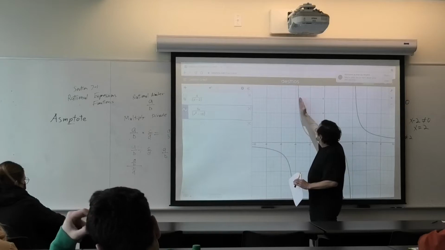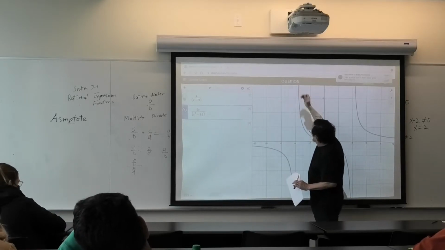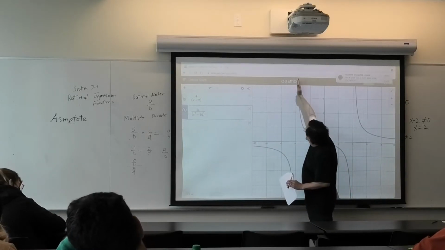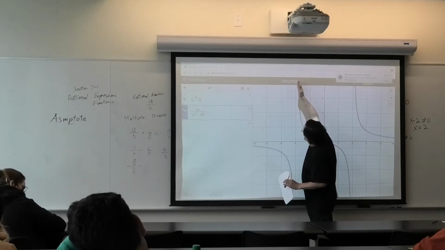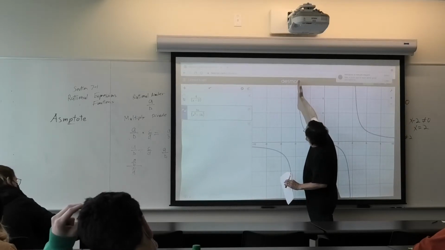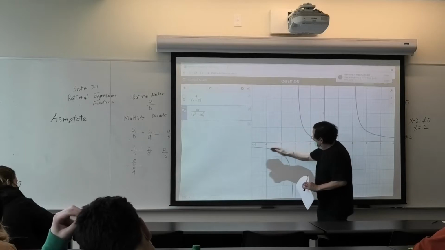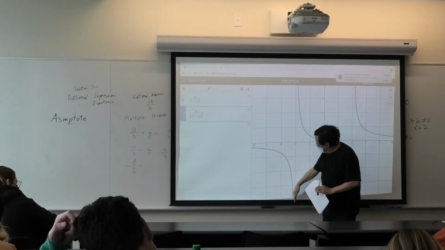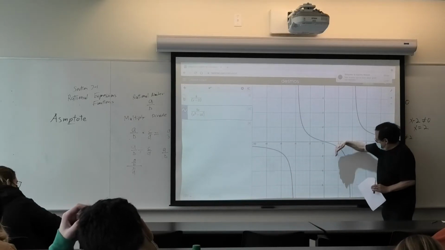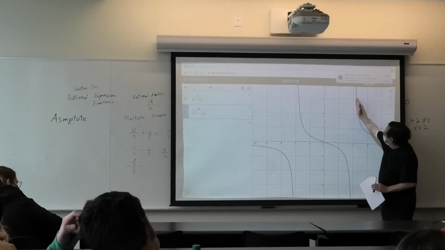The function comes close to minus 4, it gets closer and closer to infinity, a big number, from this direction, from the right. From the left, it goes down to negative infinity. Same thing here at 4 as at negative 4.